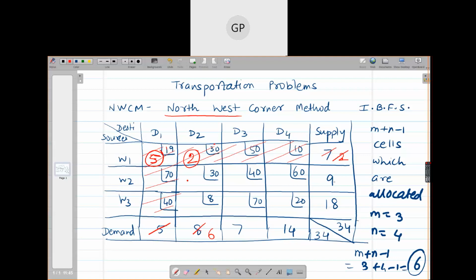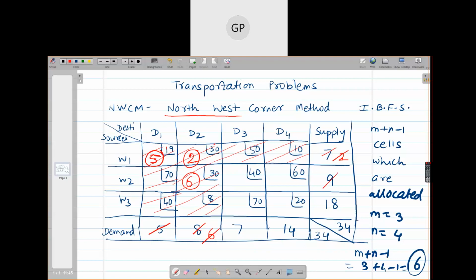So can you give all 6 units required at D2? Yes, ma'am. So give all 6 units here and therefore demand at D2 will be fulfilled. So there is no more demand at D2. So cancel this destination. Okay?